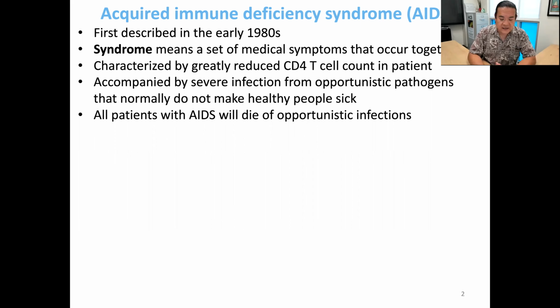The real standout hallmark of AIDS is greatly reduced CD4 helper T cell counts in patients who are suffering from AIDS. As a result, the T cell arm of our adaptive immune system is highly compromised, right?